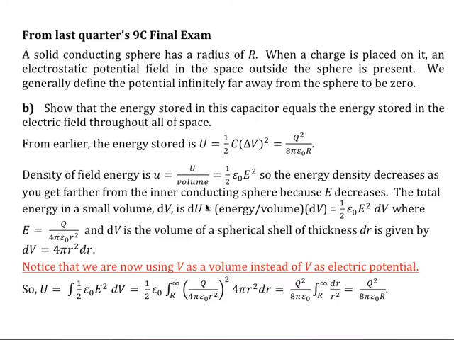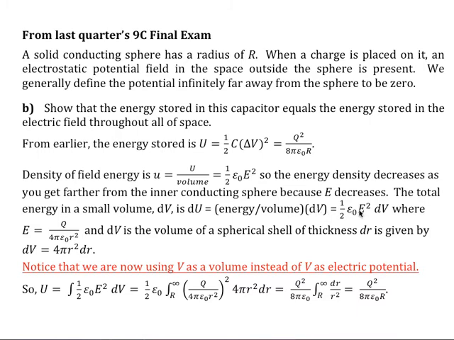Now, the total volume, of course, is the volume from this sphere of radius r, where the electric field starts, out to the sphere of radius infinity. So it's a big volume. It's an infinite volume. The way you find the energy is that the energy is the energy per volume times a volume. So a differential energy is the energy density times a differential volume.